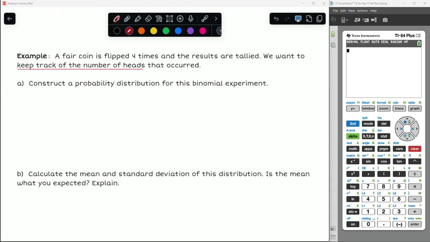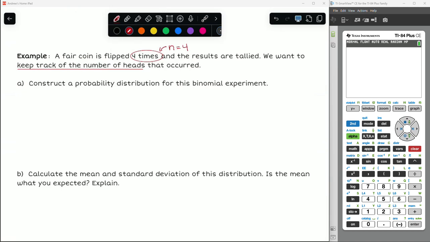That's a success, which means my number of successes are the number of heads that occur. I also see that we're flipping the coin 4 times. Remember that the number of trials is what we're calling n. So they have told me for this experiment that n is 4.